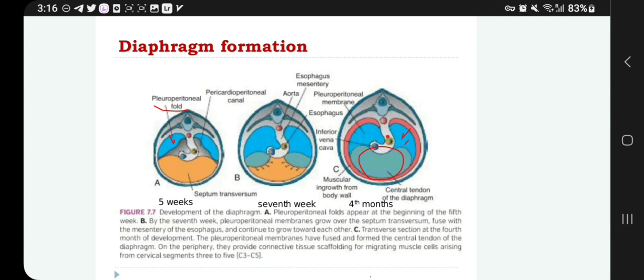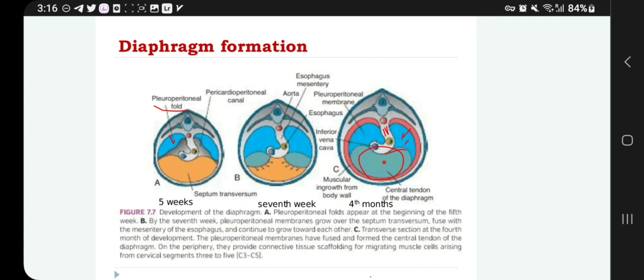As I told you, the mesentery of this gut, the esophagus, is like a rope that attaches the esophagus to the dorsal surface. This is the mesentery, and this part is the septum transversum covered by the blue pleuroperitoneal part.